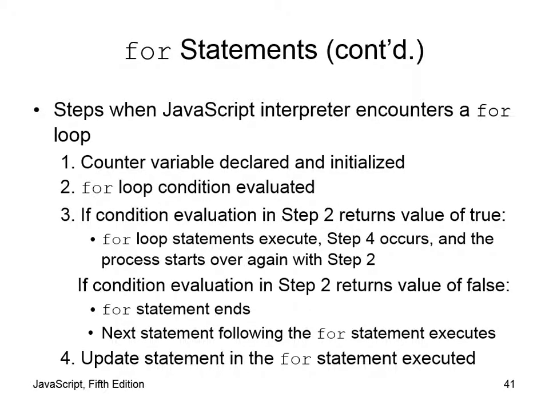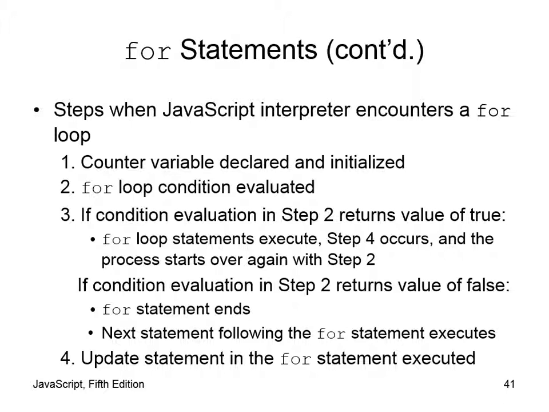All right. So when the interpreter looks for the for loop, it's going to say the counter variable is declared and initialized, x equals 0, right? The for loop has a condition, x is less than 10. If it returns a value of true, the for loop statements will execute. Step 4 occurs and the process starts over again with step 2 and keeps on going.